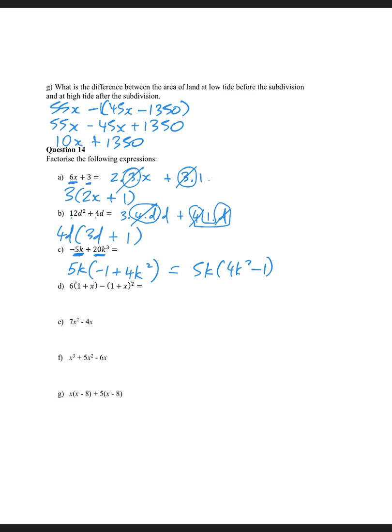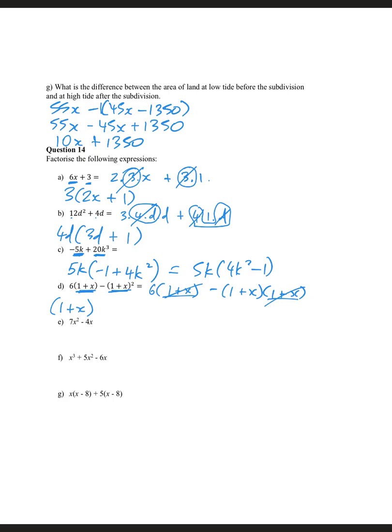This one here. What's the common factor? 1 plus x. 1 plus x is in both of these. I'm going to do this one in full because it's slightly more complicated. You've got 1 plus x, bracket 1 plus x. You've got 1 plus x on both sides, so that's the common factor, 1 plus x. What's left over?